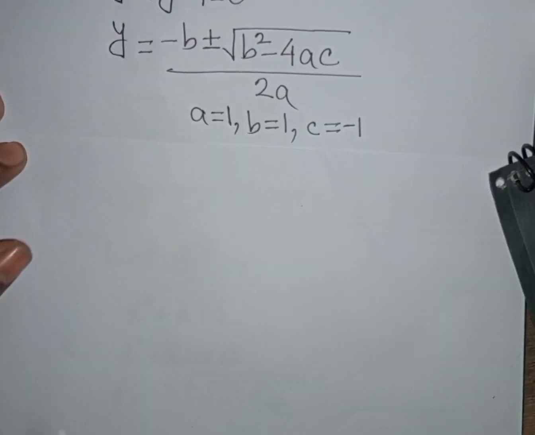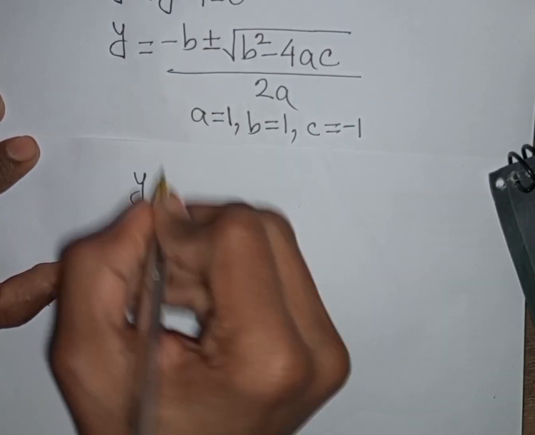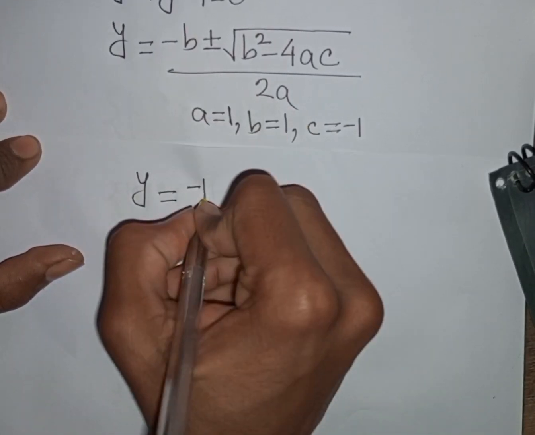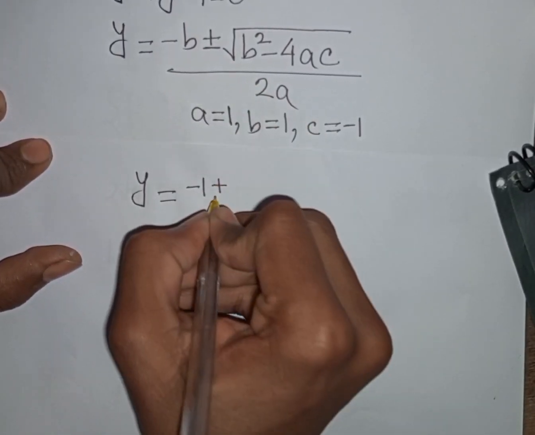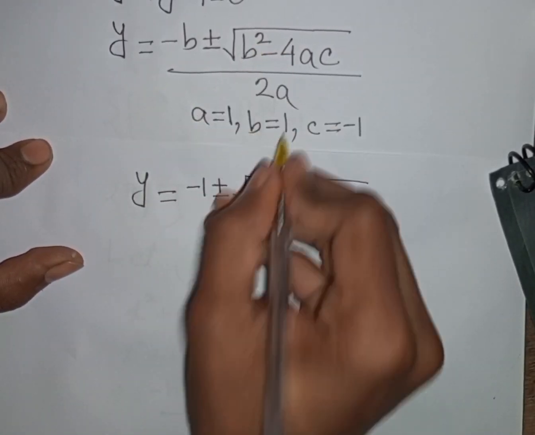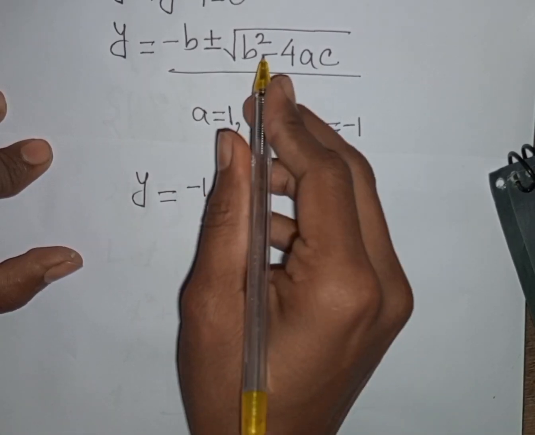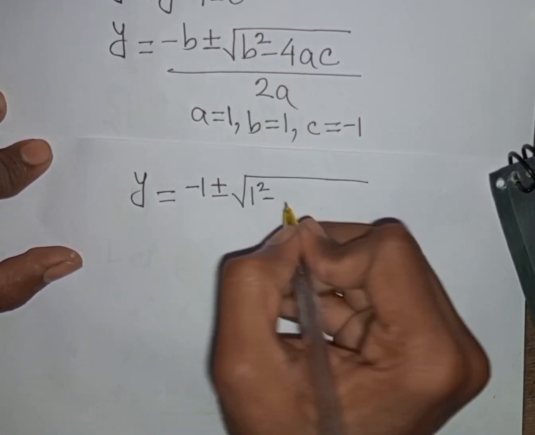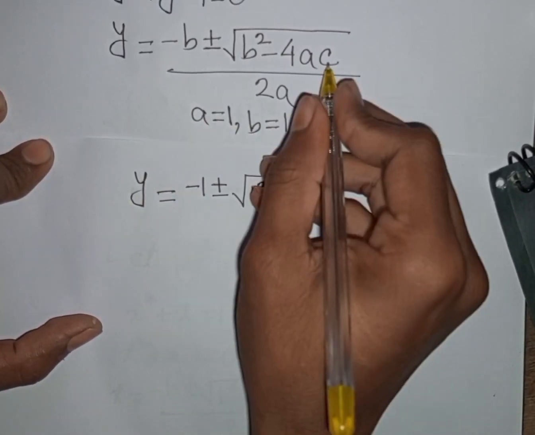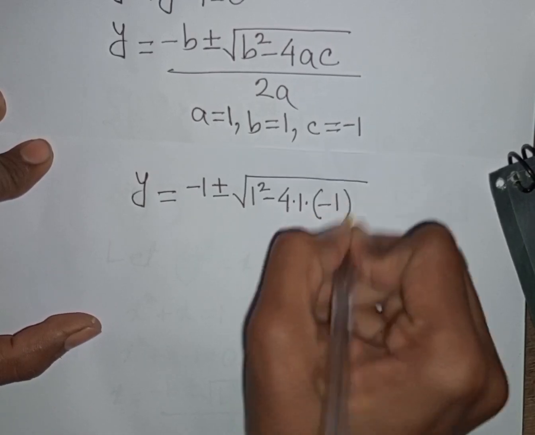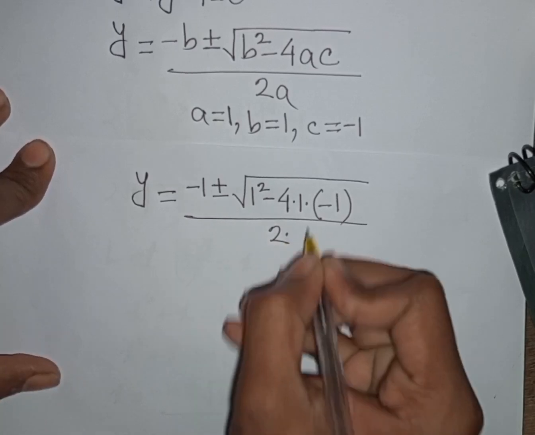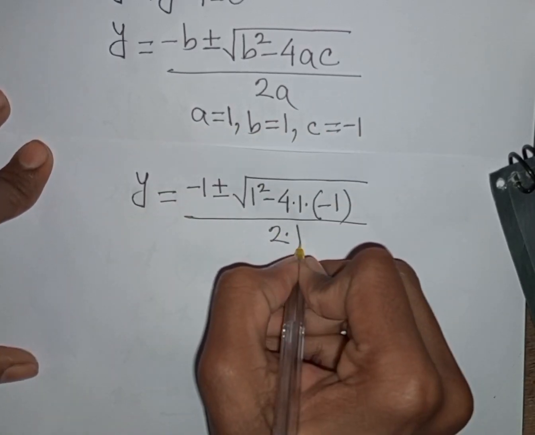Now y will be equal to minus b, that means 1, plus or minus square root of b square, that means 1 square, minus 4 times a, that means 1, times c, that means negative 1, divided by 2 times a, that means 1.